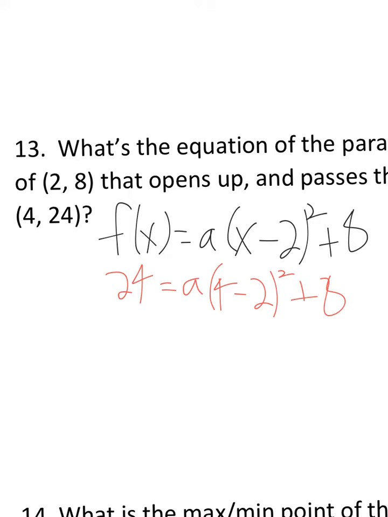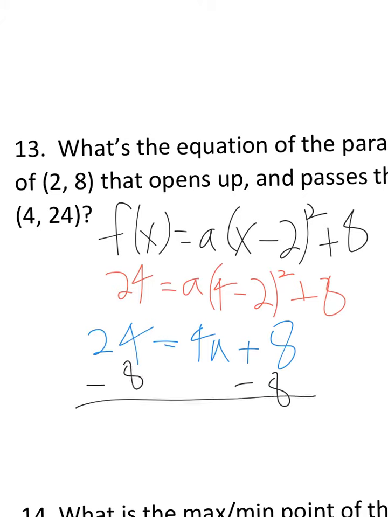All right, so 4 minus 2 squared is 2 squared, which is 4, so you have 4a plus 8 equals 24. So I can minus 8 to the other side, and I could say 16 equals 4a.